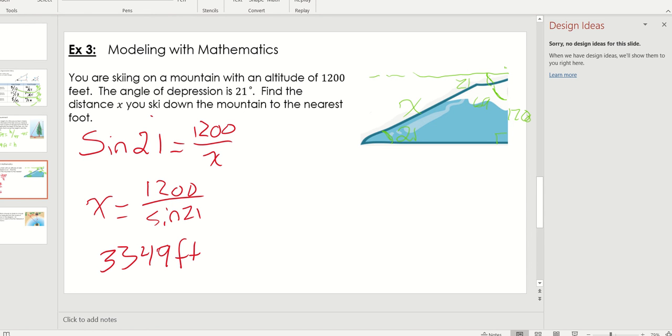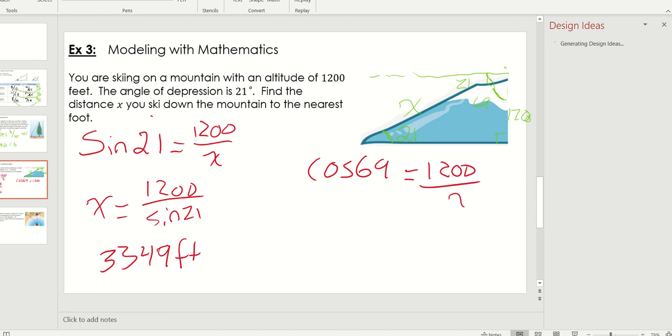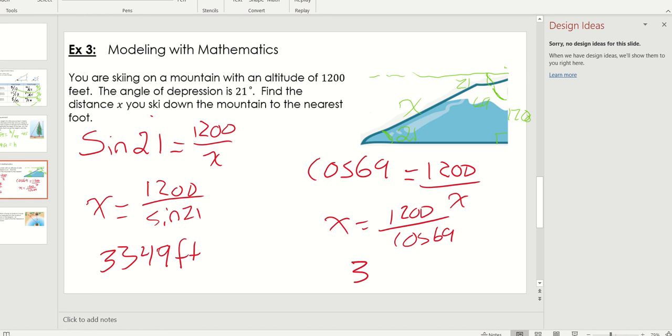If I wanted to use the 69-degree angle, I'm now using cosine. So I have the adjacent side and the hypotenuse. So x would be 1,200 divided by the cosine of 69. And what you'll find out is that you get the exact same answer regardless of which way you go.